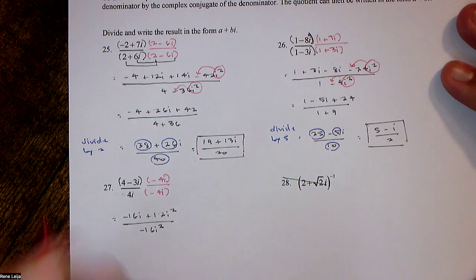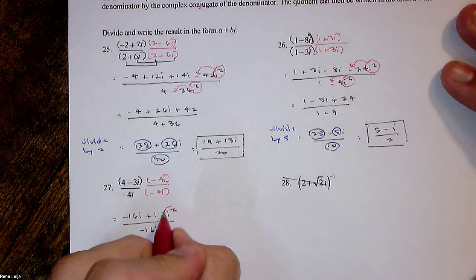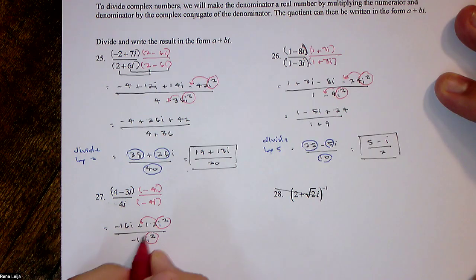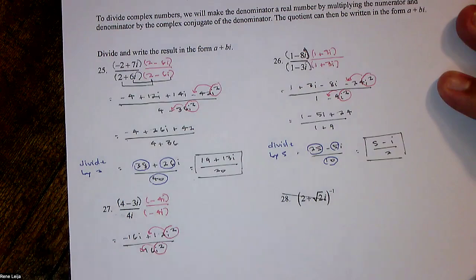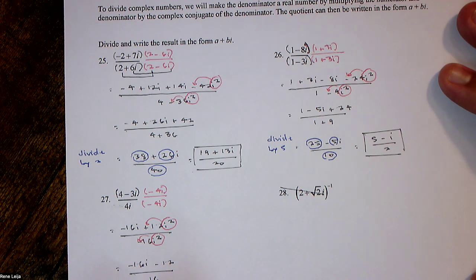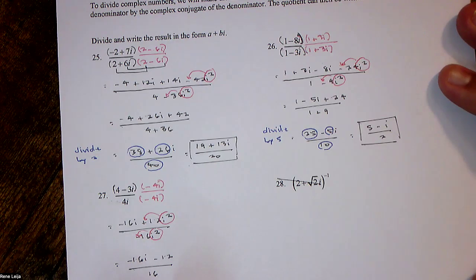Okay, so we have these i squareds, which change those signs. So minus 16i minus 12 over 16. I'm going to go ahead and turn this around: minus 12 minus 16i over 16.